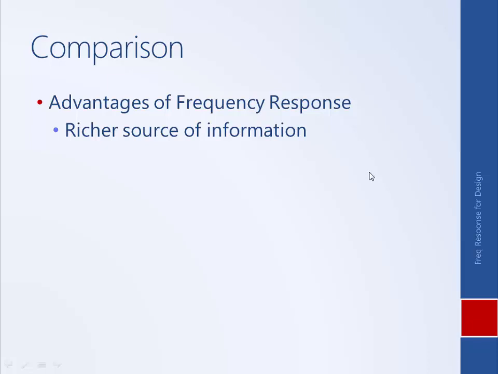For example, if we just looked at the poles of a transfer function, that wouldn't tell us anything about steady state behavior, about the DC gain, whereas a frequency response plot does. So placing the poles all by itself is not enough to achieve a certain steady state requirement, but designing using a frequency response plot does enable us to do that.